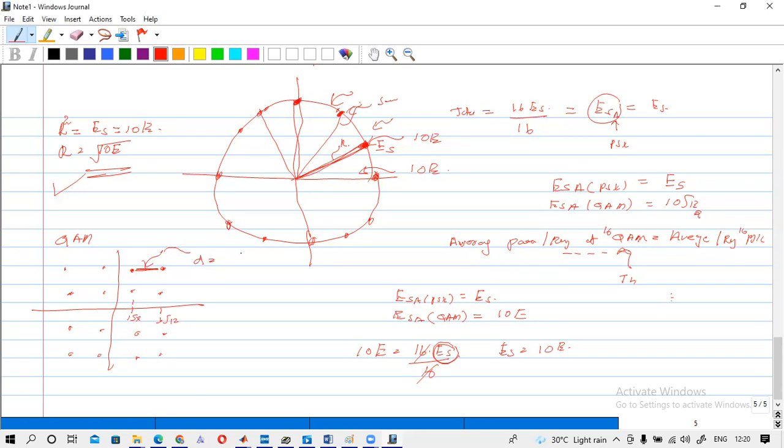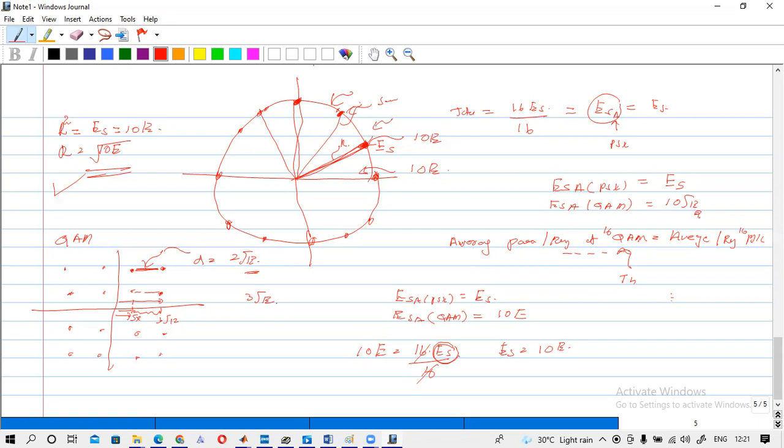That is 2 root E, correct? That is 2 root E, because if you consider this one and this one, this distance will be root 3E, and this distance will be root E. To find this distance you have to subtract.